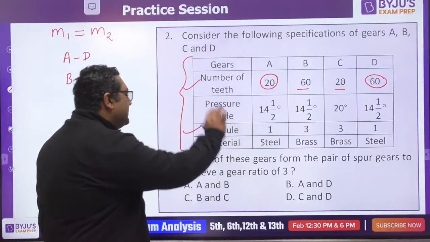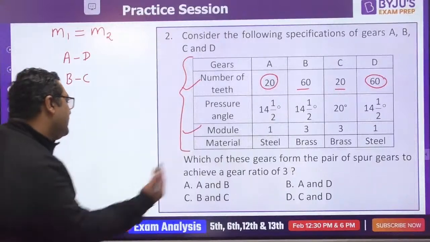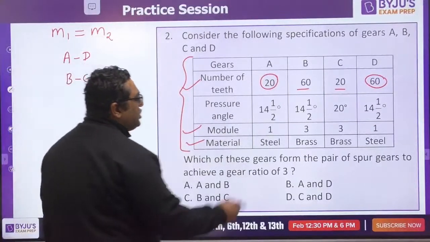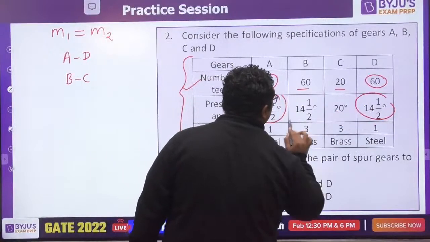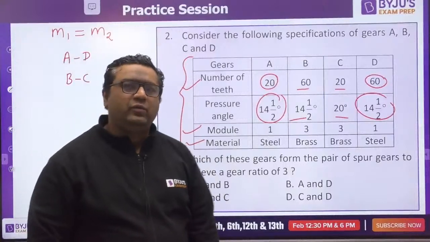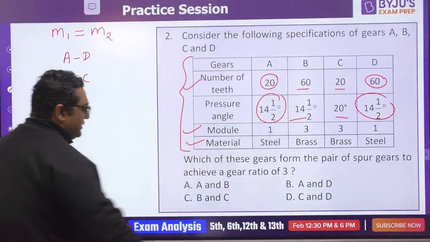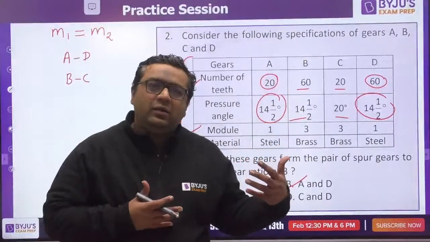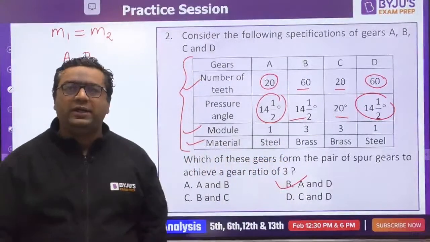As far as module is concerned, both are possible. Material has no role. But if you see the pressure angle, for these two it is equal, for these two it is not equal. In spur gears, pressure angles are also equal. So answer would be B for this. This would be using your conceptual knowledge.